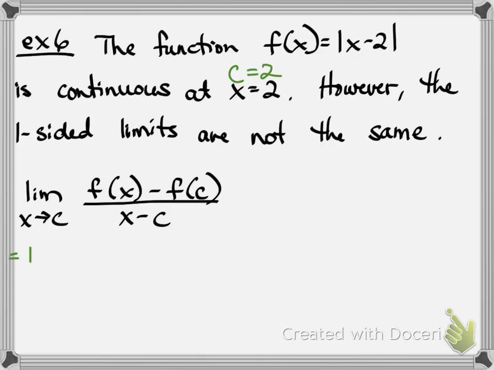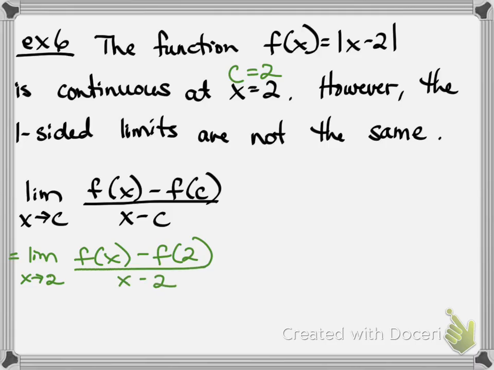So this is the limit as x approaches 2 of f of x minus f of 2 all over x minus 2. So they say it's continuous. We know absolute value functions are continuous. This is a v scooted 2 to the right. So that's our graph, and it's continuous.